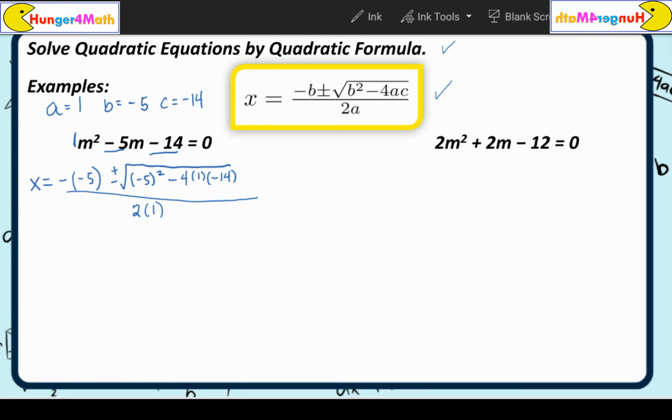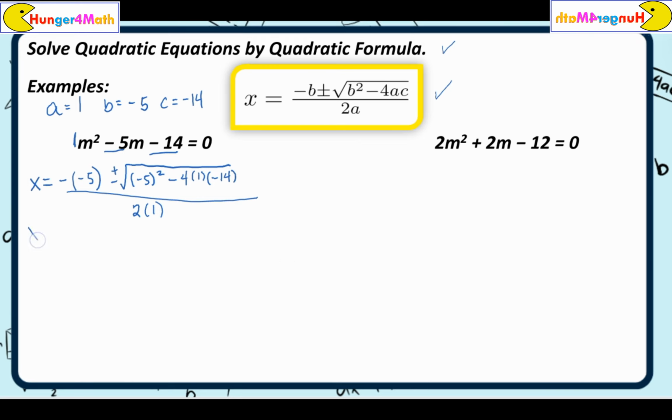Then let's solve. So that will be x is equal to negative times -5 is +5, then plus or minus the square root of -5 squared is 25, then -4 times 1 times -14 is positive or plus 56, all over 2 times 1 is 2.